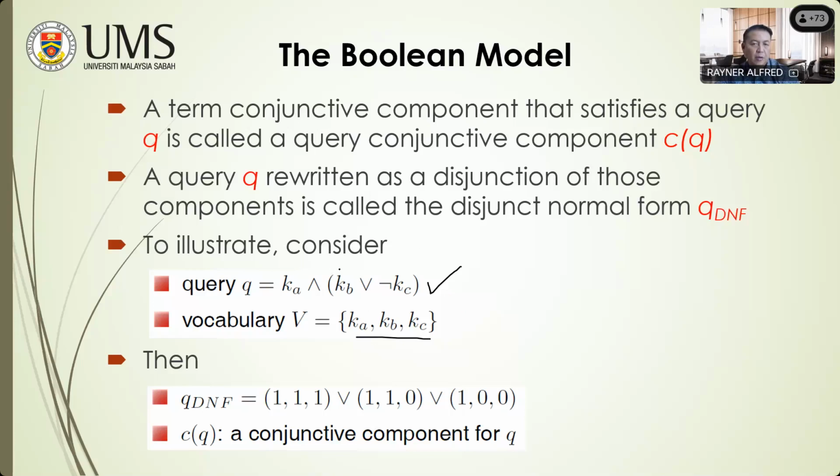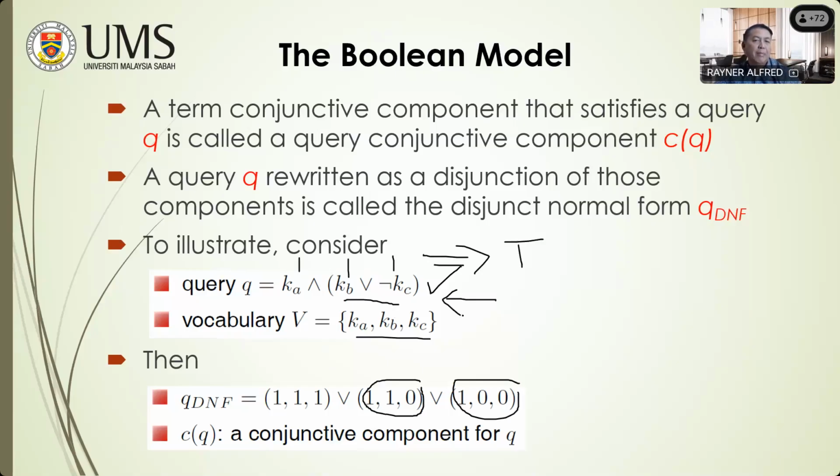Okay, so for example, this is N, right? So this is 1. So either this must be 1 for this expression to be true. Okay, so you will have 1, 1, 1, you will get true, or 1, 1, 0 to be true, and then 1, 0, 0 to have this expression to be true.